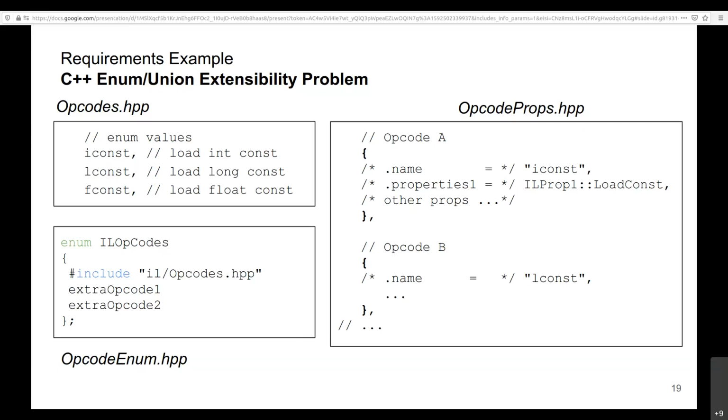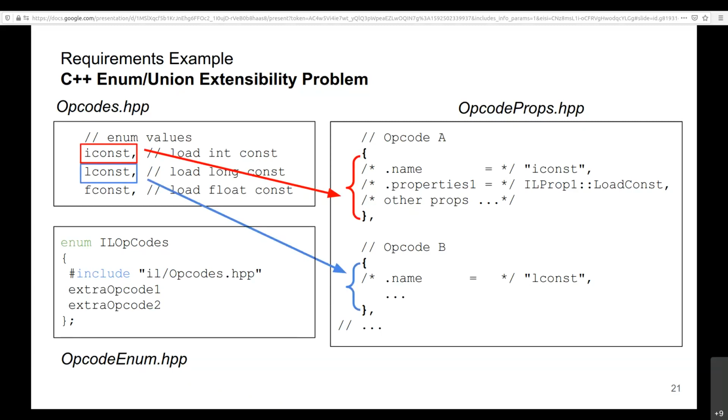So all these files refer to the same set of opcodes. Each of these files provides a certain piece of information for each of the corresponding opcodes. The first element in opcodes.hpp corresponds to the first array inside the opcode properties.hpp, and the second element corresponds to the second entry.